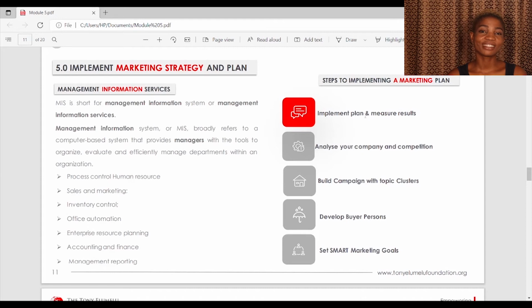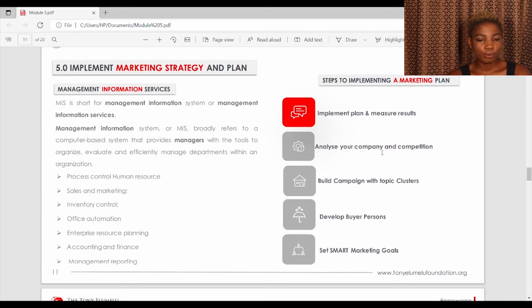After strategizing on a plan, you implement it. After implementing the plan, you measure the results. Did it actually meet the result you were looking for at the end of the day? Did you surpass it? Was there any place you fell short?